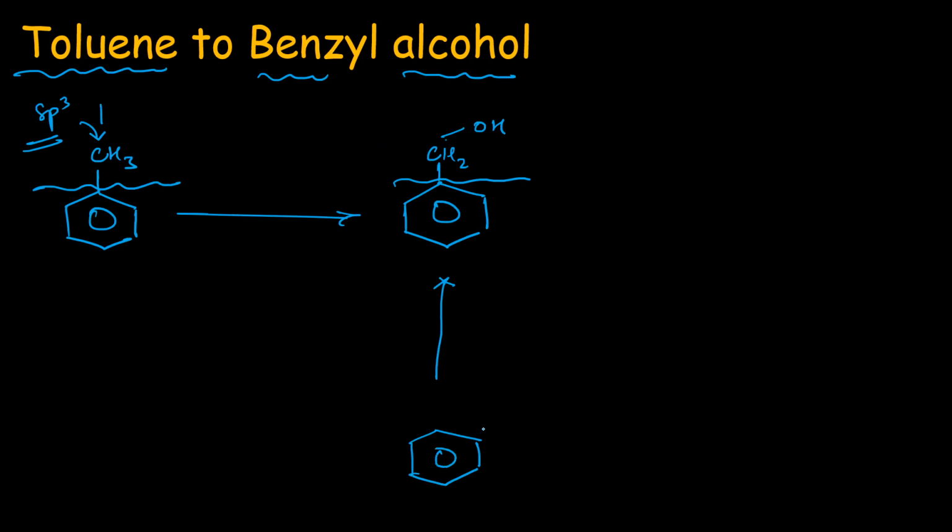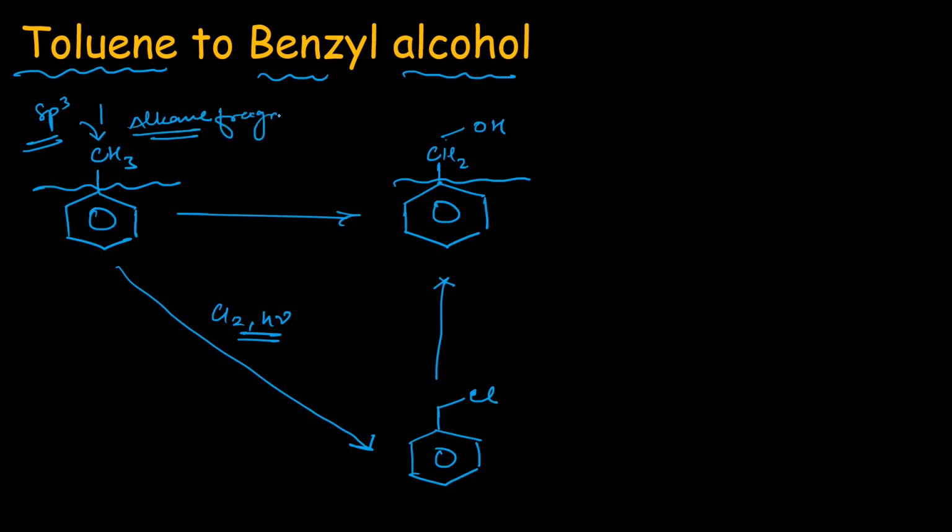I will use this benzene ring with CH2Cl. And can I make haloalkane using alkanes? So the answer will be yes, we can. And the reagent that we'll be using will be Cl2 in the presence of H nu. So I hope you understand that the reaction is happening in the alkane fragment of the molecule.